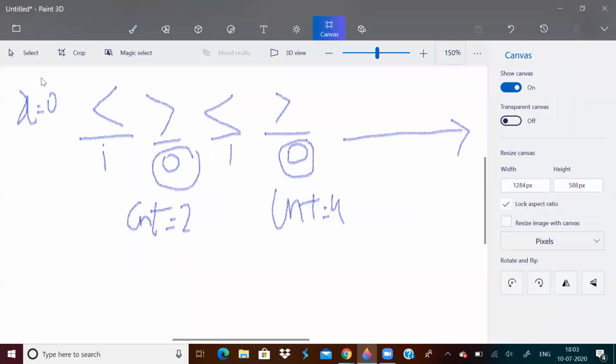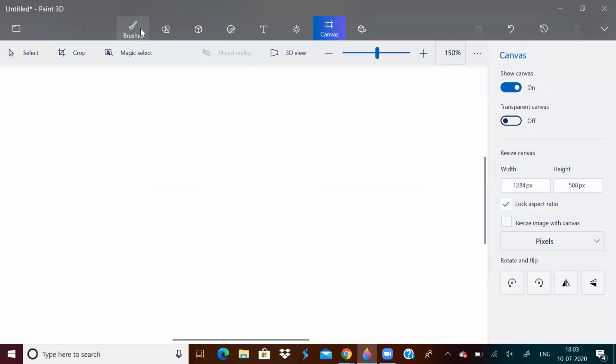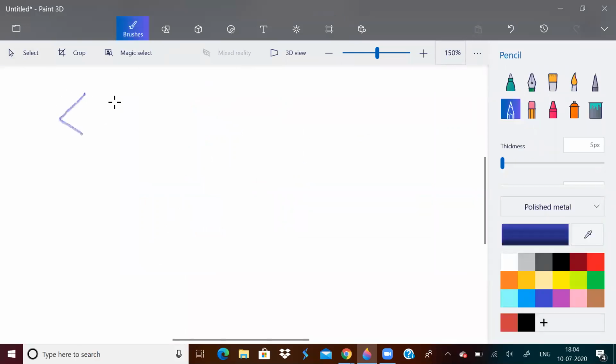We can take a last example just to help you understand. Suppose we take this. X is 0. Let us traverse through the string.